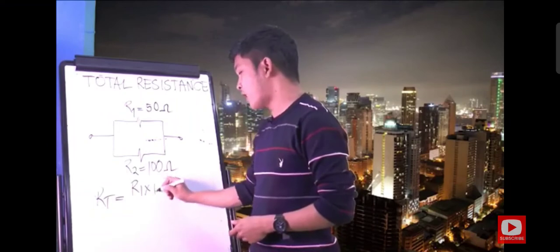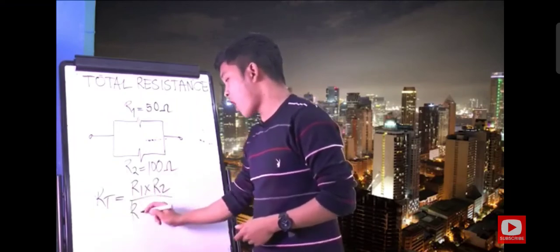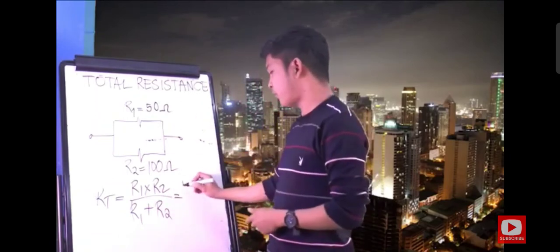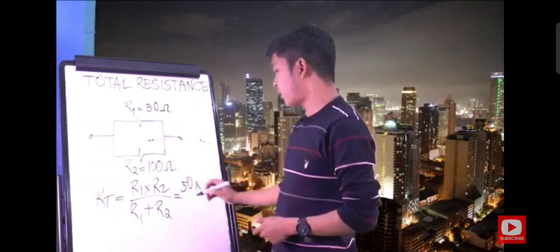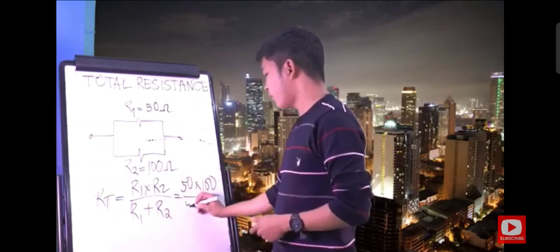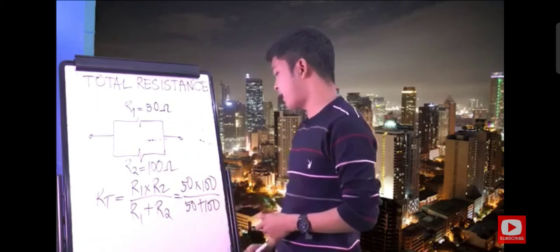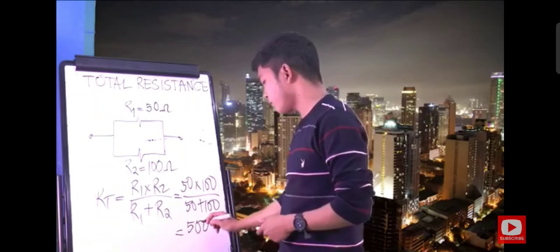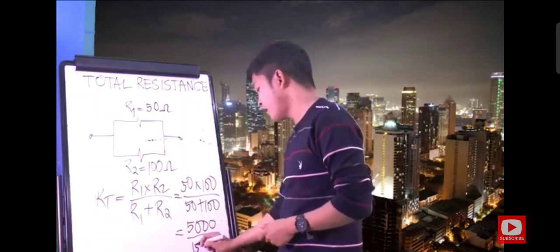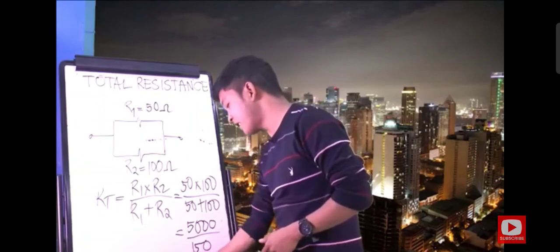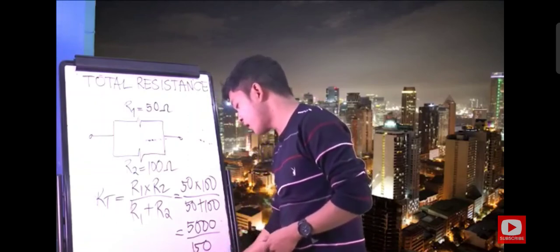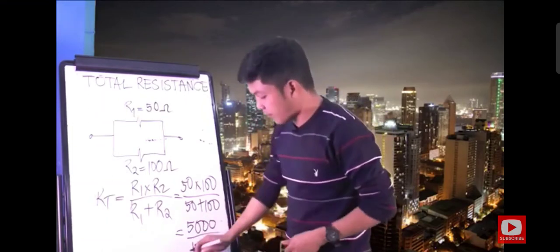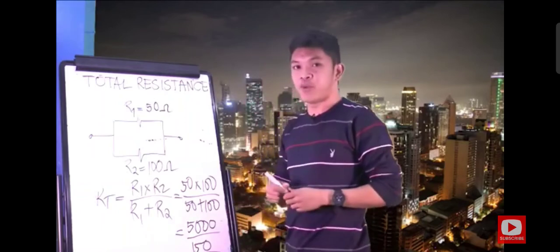So R1 times R2 over R1 plus R2, R1 is 50 times R2 100 over 50 plus 100. So 50 times 100 is equals to 5,000 divided by 150. Ang total resistance is equals to 33.33. So if ever lumabas sa exam nyo to, ang hanapin yung sagot is 33.33.